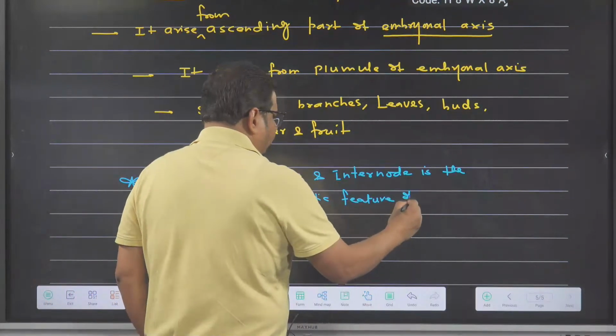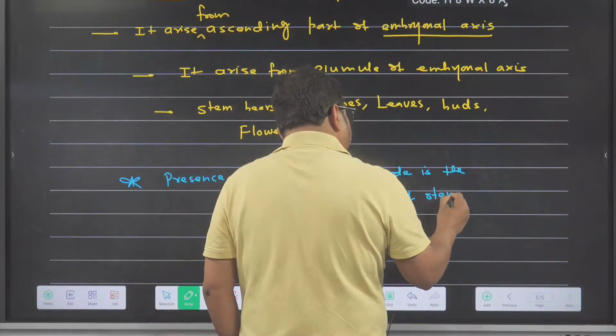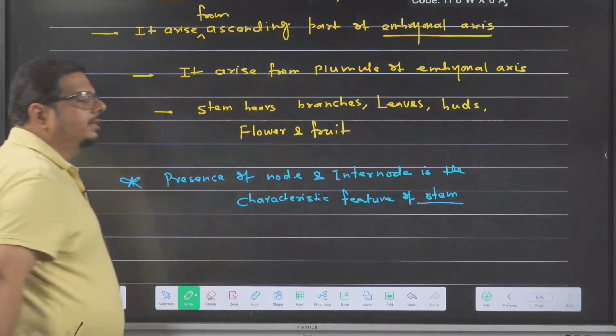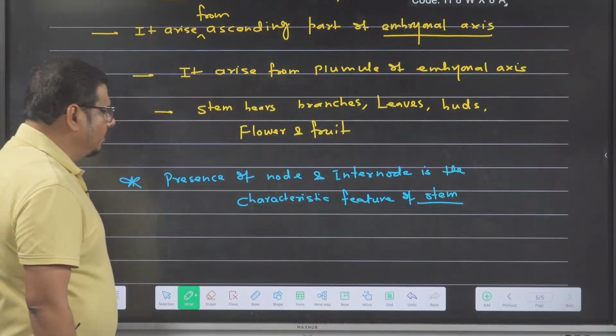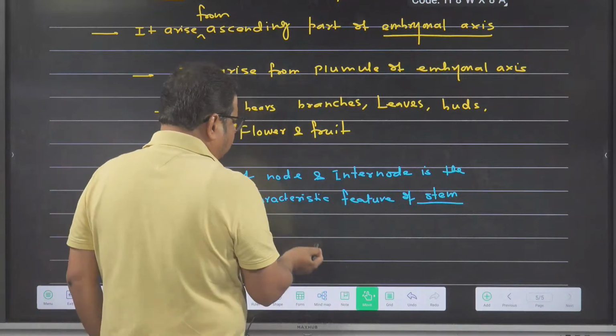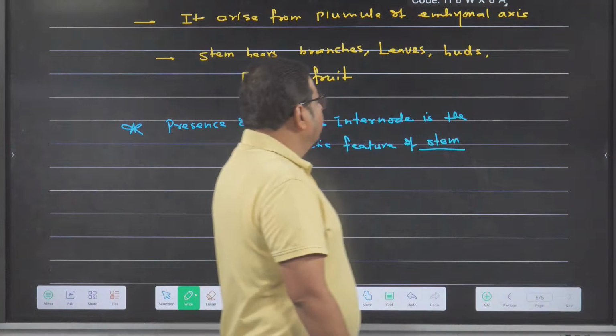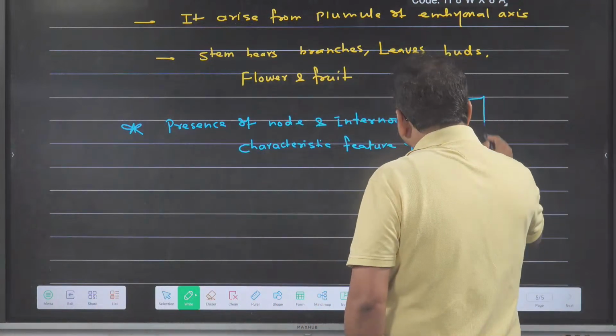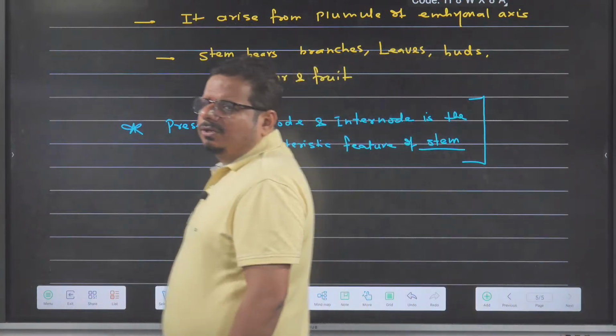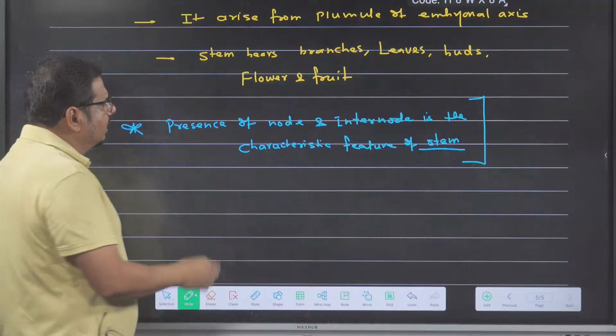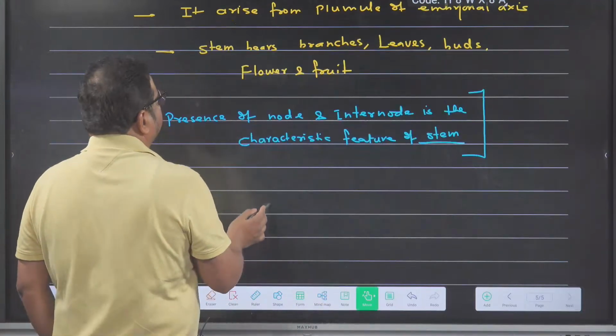Because node and internode are present only on the stem, not present in the roots, not present in the leaves. Getting the things or not? So it is a characteristic feature of the stem. You will find nodes and internodes are there in the stem.